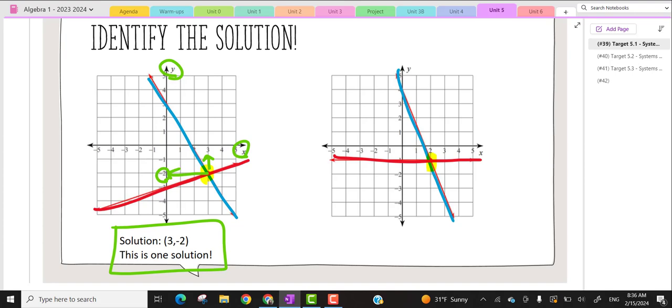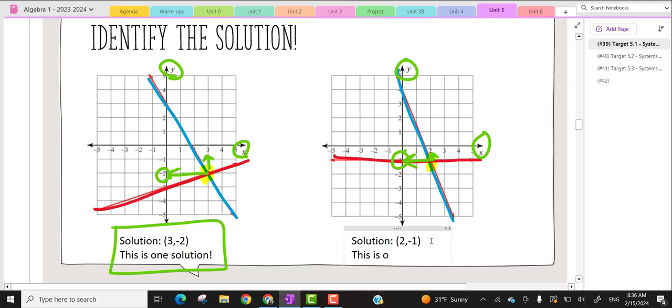So en este ejemplo tengo mi línea azul y mi línea rojo. Y la intersección es donde está amarillo. So the solution for this problem is 2, -1. Okay, and that is because 2 is x and -1 is y.